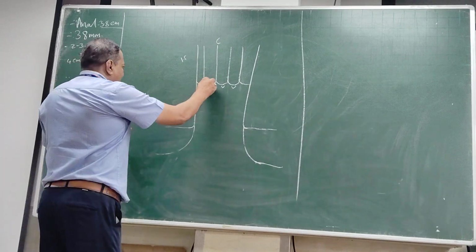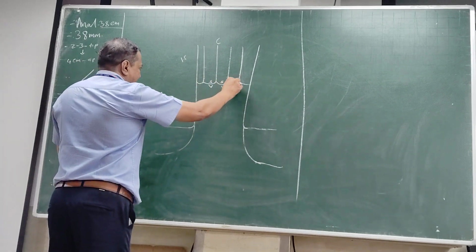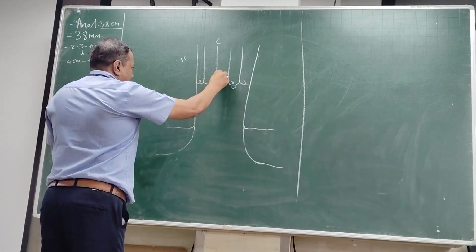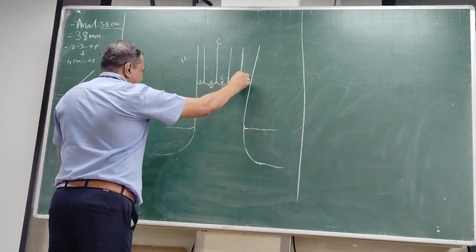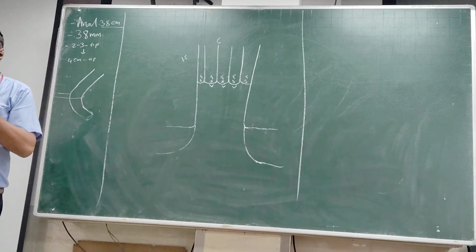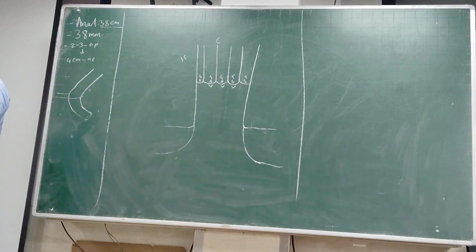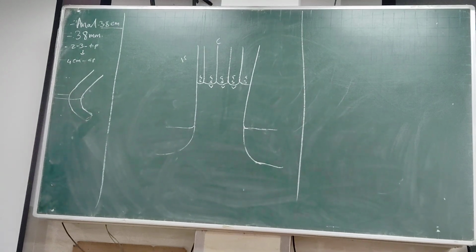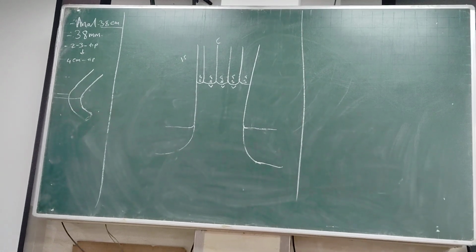Above each valve is an anal sinus. Inside each sinus there is an anal gland. So: anal columns, anal valves, anal sinus, anal gland.